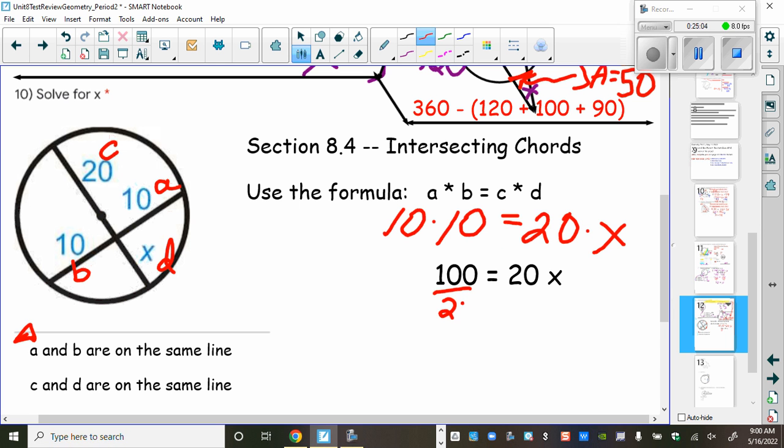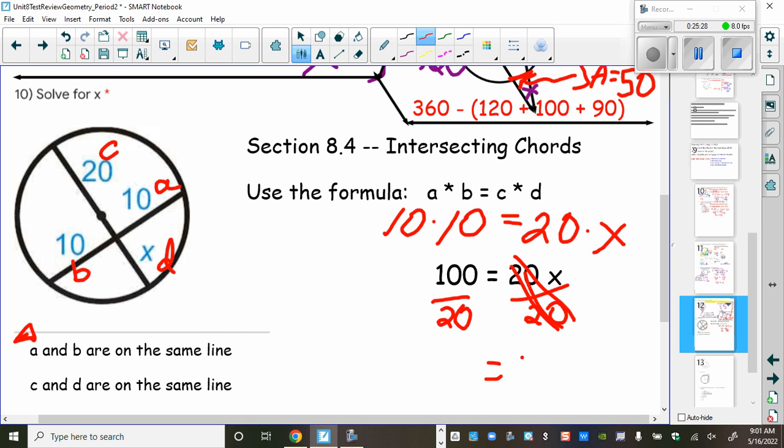Again, it's all about that setup. Got to get that setup right. I can't stress that enough. If you don't get the setup right, then your whole problem goes goodbye. So then what's left for x?